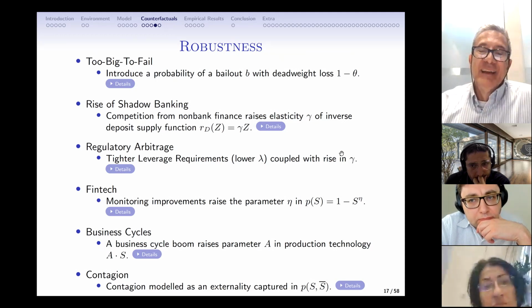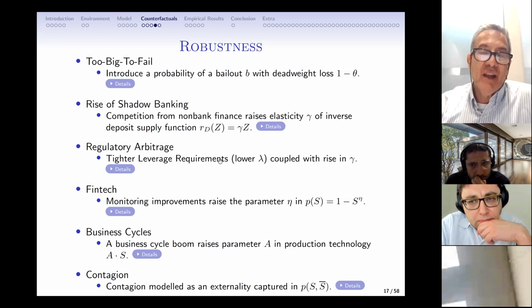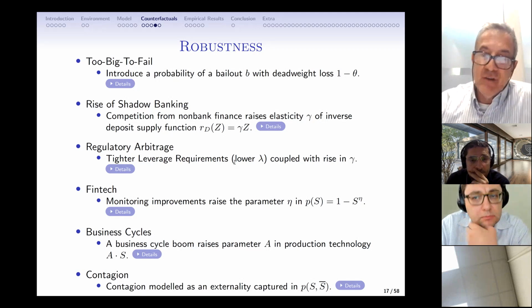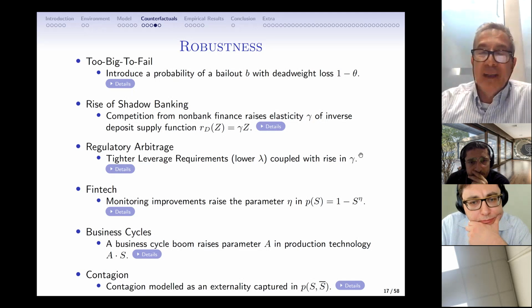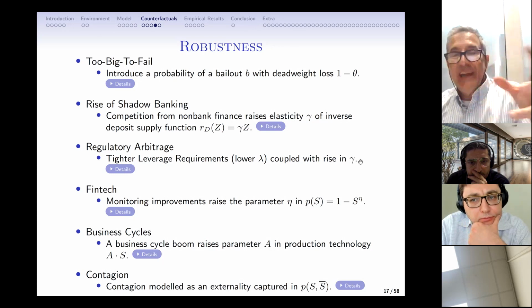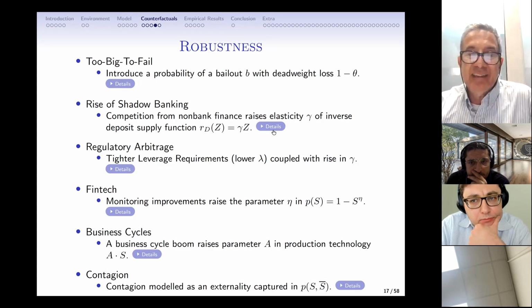If there are higher leverage requirements, then funds are going to move over to the shadow banking industry, and I'm going to parameterize that movement by a change in gamma. So you can change certain parameters in unison to get at something.